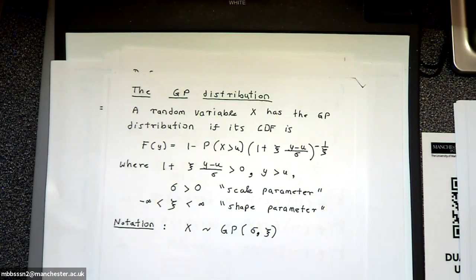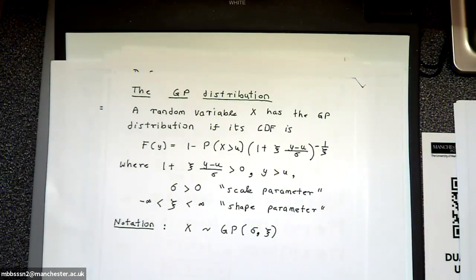What's different about this distribution and the normal one? The normal one doesn't have the probability that X is greater than U. So is U a parameter? No, U is not a parameter. U is a fixed number. There are only 2 parameters, sigma and psi.